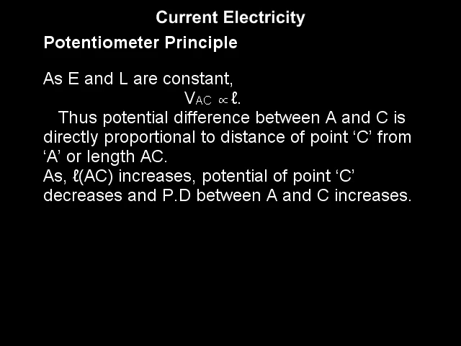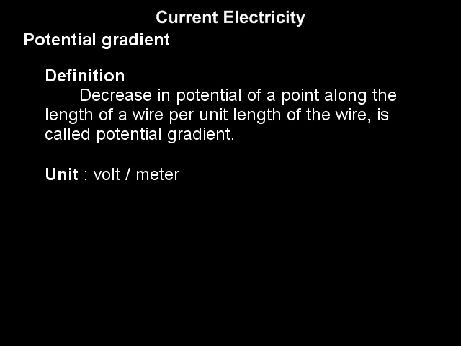As length AC increases, the potential of point C decreases and potential difference between A and C increases. The potential gradient is defined as decrease in potential of a point along the length of a wire per unit length of the wire. It is expressed in volt per meter.